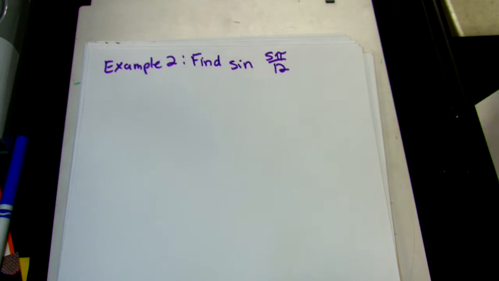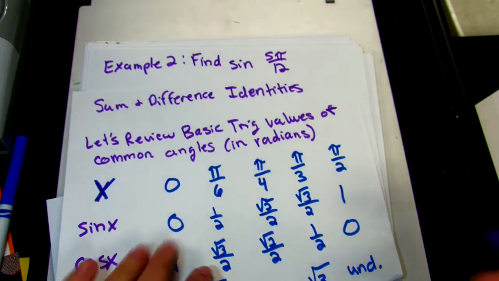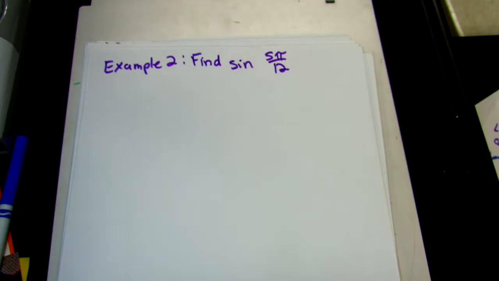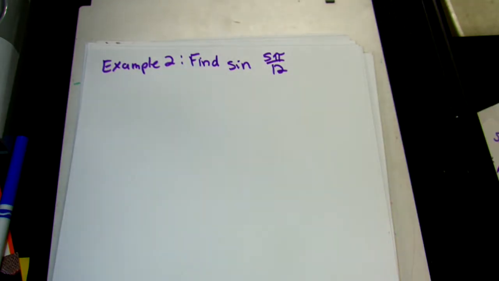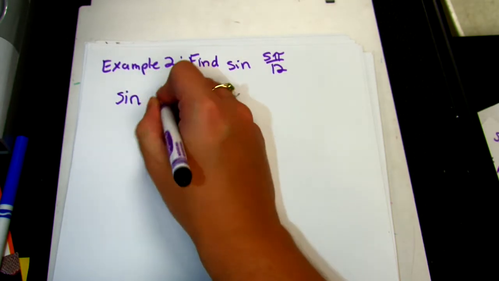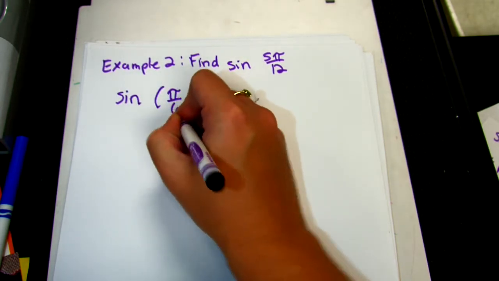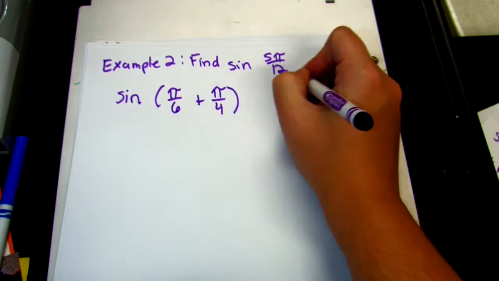Okay, so 5 pi over 12 is not one of my common angles, which means that I'm going to have to split 5 pi over 12 so it looks like some of these angles, right? So I know that 5 pi over 12 can be broken down into pi over 6 plus pi over 4. That's the same as saying 5 pi over 12.